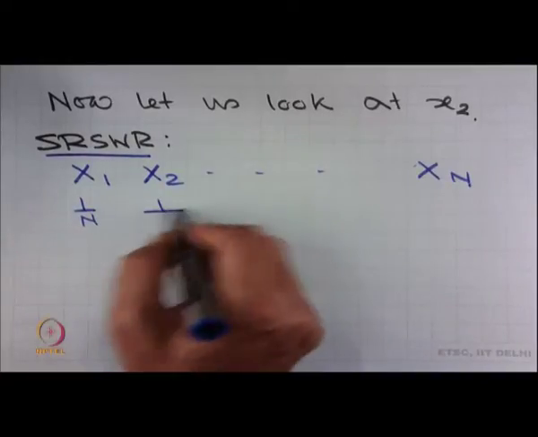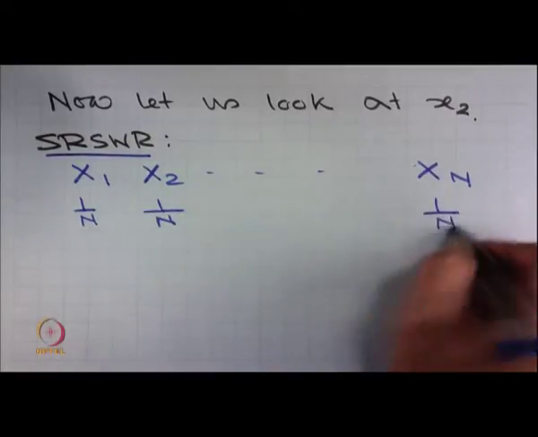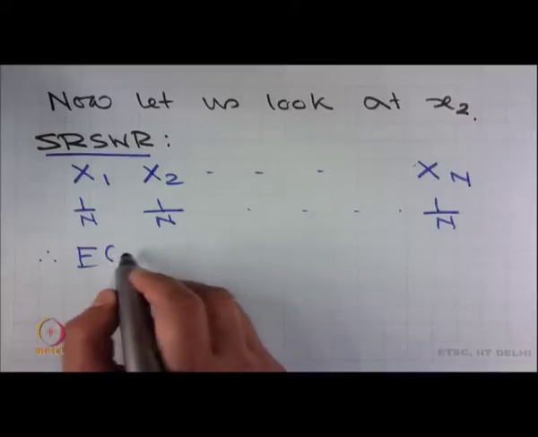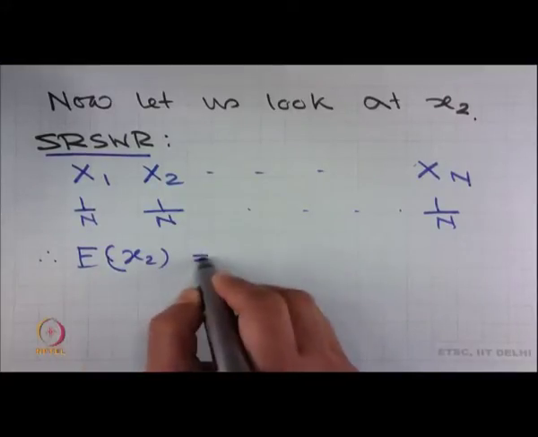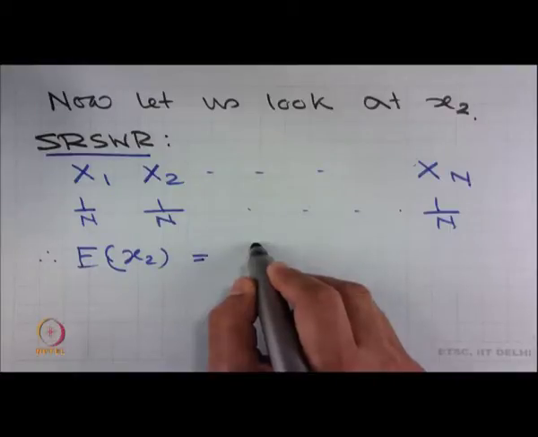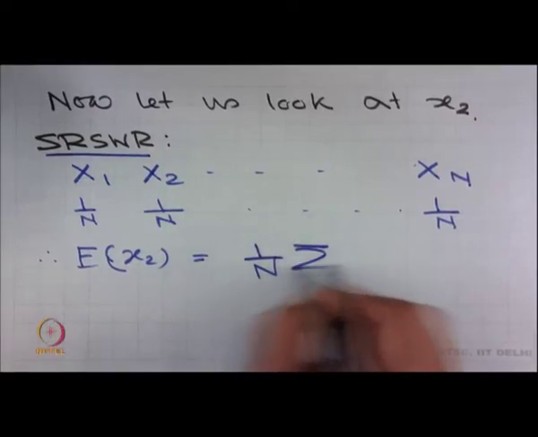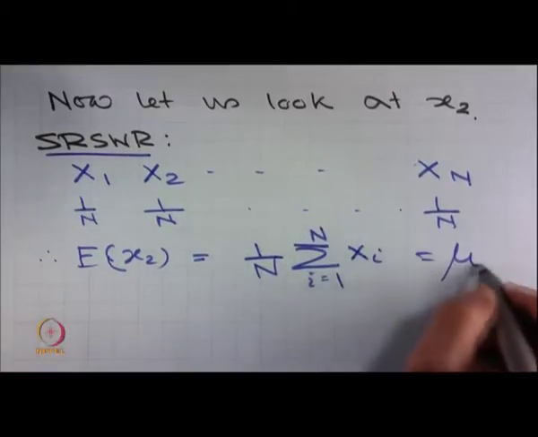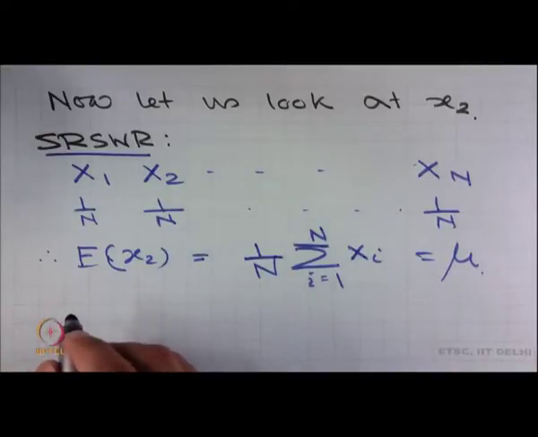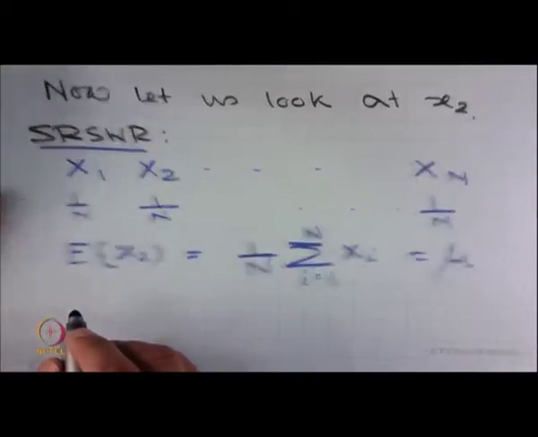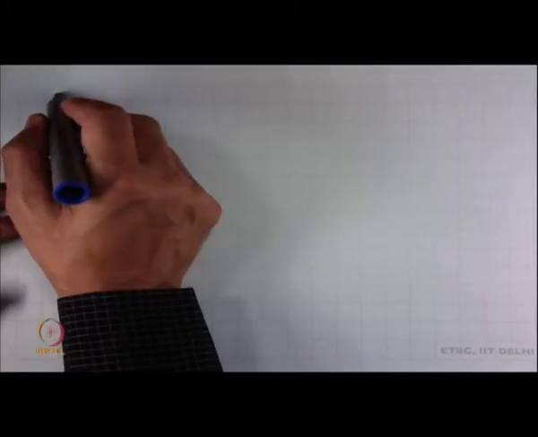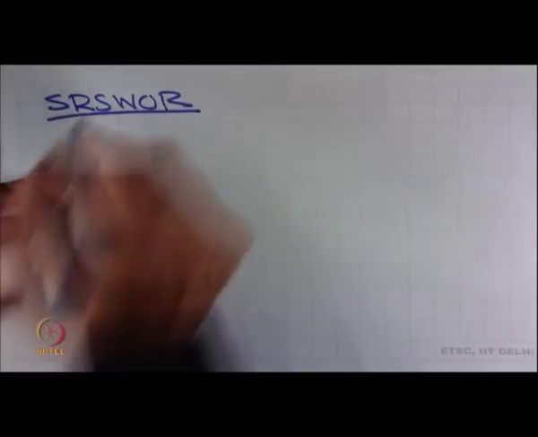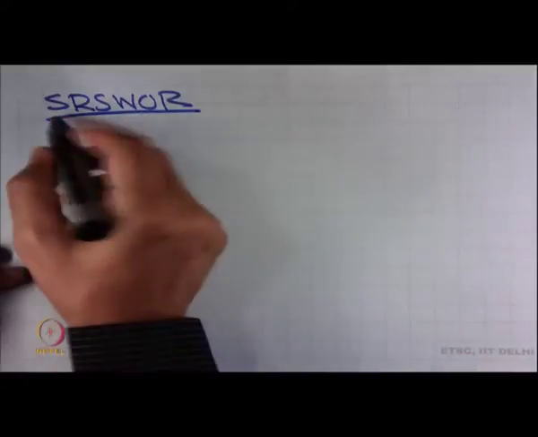All of them will have the same probability 1 by N, and therefore the expected value of X2 is again 1 by N times the sum of xi, i equal to 1 to N, which is equal to mu. But now things change with respect to SRS WOR. So, what will happen in this case?